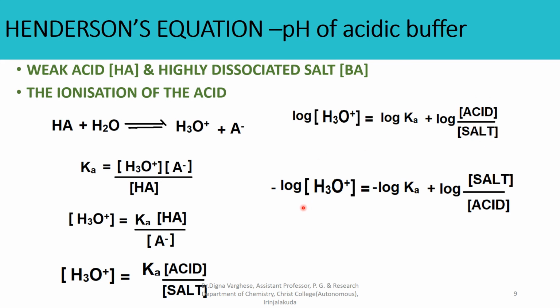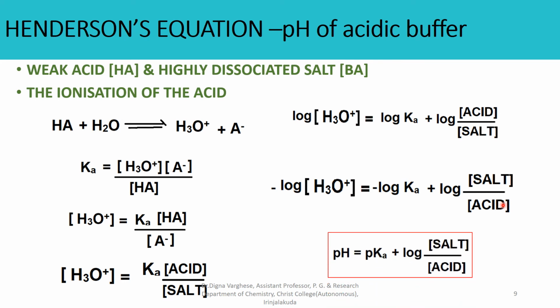We may also write in this way: minus log H3O+ is equal to minus log Ka plus log salt by acid. That is the reciprocal of acid by salt. Here it is salt by acid. We know minus log H3O+ is equal to pH, and minus log Ka is equal to pKa.